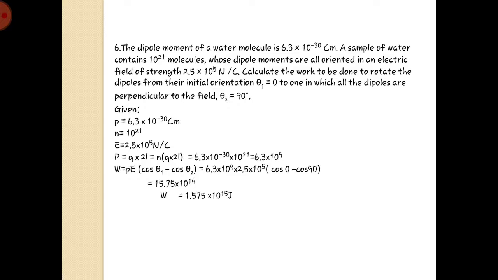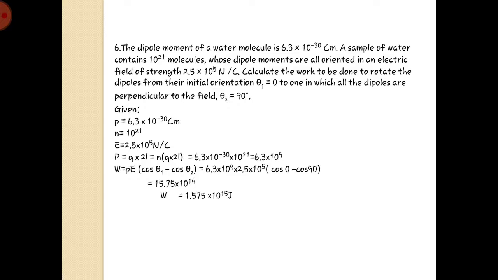Now I will explain what exactly it is. Okay, so this example is an example of a water molecule. As water molecule is given, the molecules are oriented inside a material, inside any space where they are.